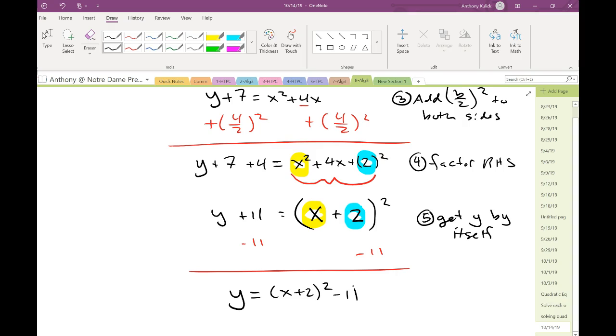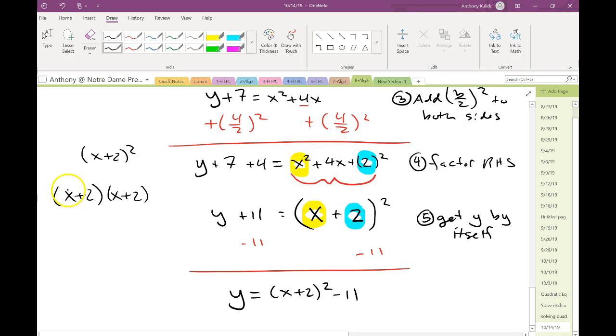Why don't I just take that out? X plus 2 squared is x plus 2 times x plus 2, right? So when I FOIL that out, I get the 4x is still there, right?